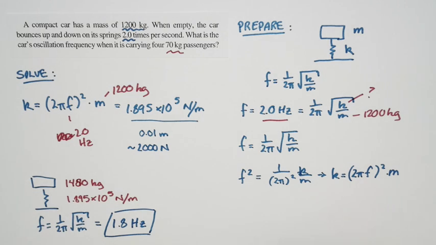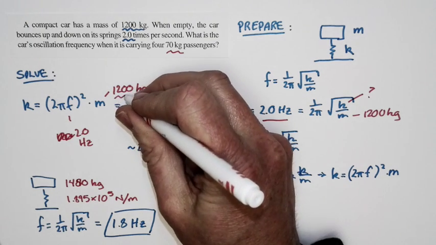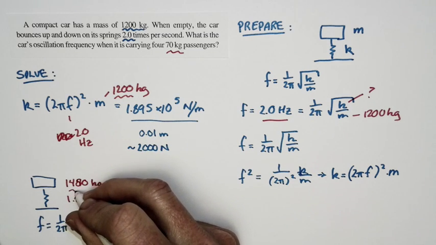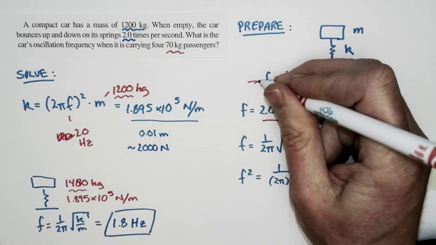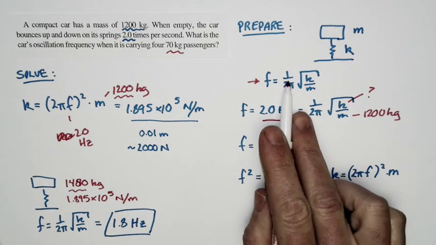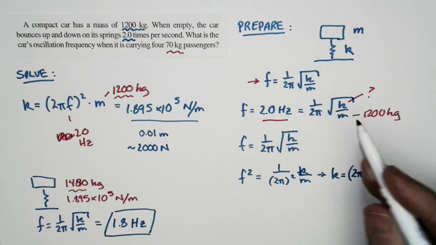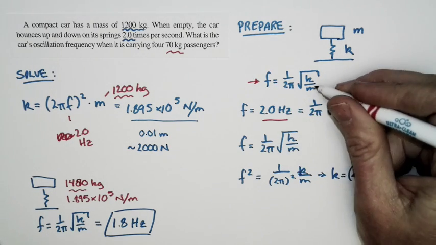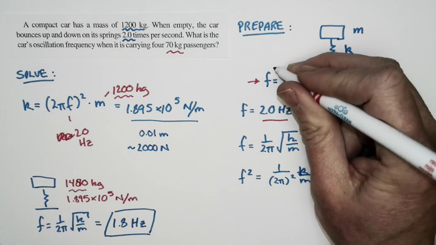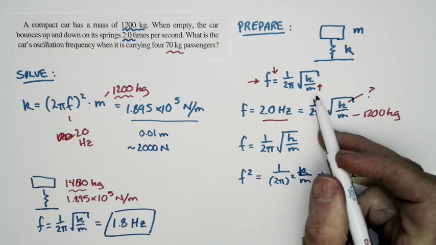We start out with a mass of 1,200 kilograms. We finish with a mass of 1,480 kilograms. The frequency of the car bouncing up and down on its springs is 1 over 2 pi times the square root of k over m. If I increase the mass, I'm going to decrease the frequency. So if this number goes up, I expect the frequency to decrease.